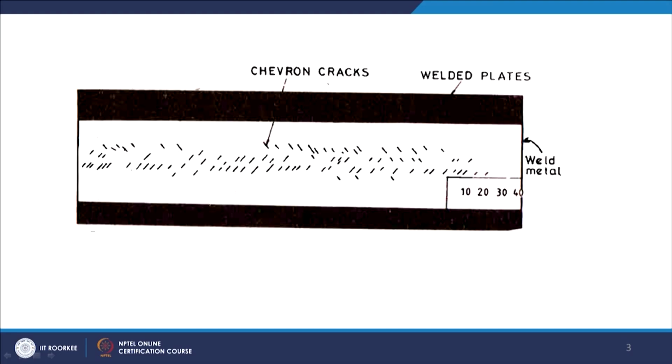Now, these cracks show thermal facets by the oxide colors, and that shows that they were exposed to high temperature. If you look at these cracks, this is how their orientation looks.